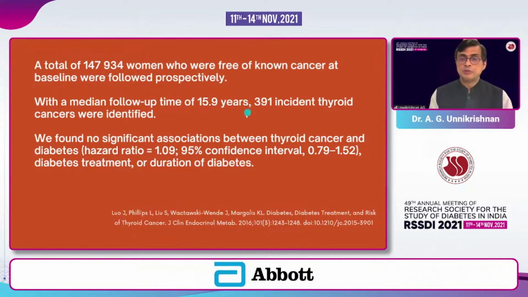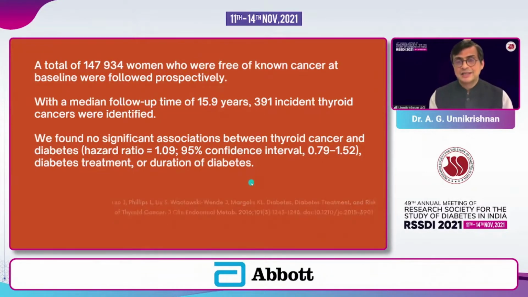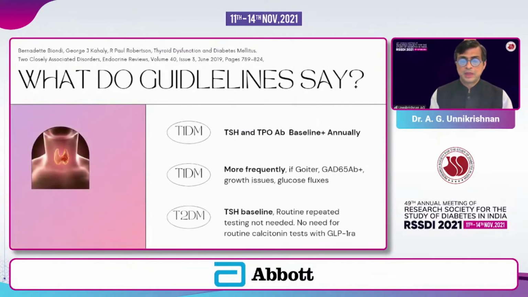The follow-up period was 15.9 years, and they found 391 incident thyroid cancers. But the authors found no significant association between thyroid cancer and diabetes, and there was no significant association between thyroid cancer and diabetes treatment or with the duration of diabetes. So there is no evidence to say that thyroid cancer is associated with diabetes.